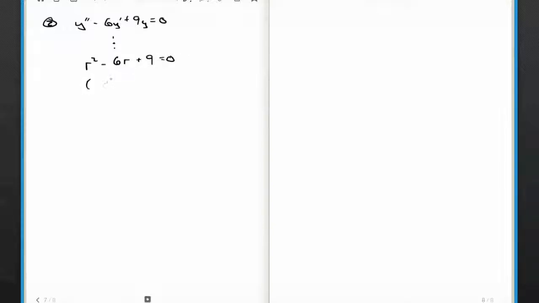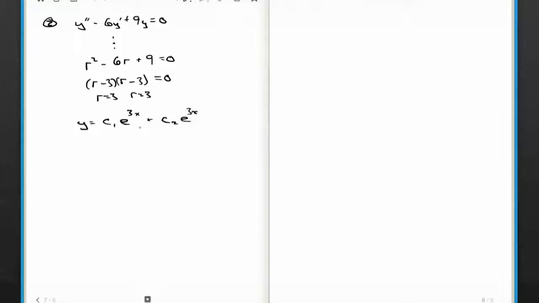Now this is interesting, because when we factor this, what do we get? r minus 3 and r minus 3. Okay, well, we have r minus 3 and r minus 3, so r equals 3 and r equals 3. So I could write this out as y equals c1 e to the 3x plus c2 e to the 3x.